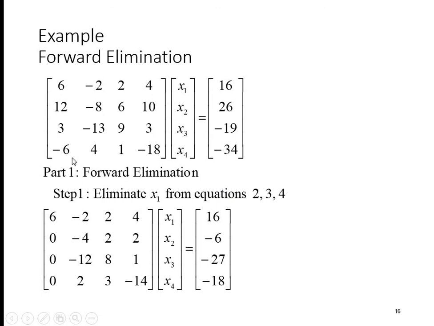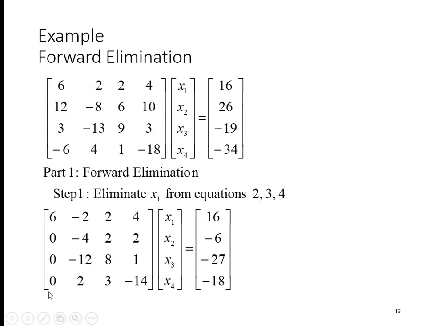Then equation 4, you have got minus 6 and then 6 there. So this one you just add these two rows, because 6 and minus 6 cancel.